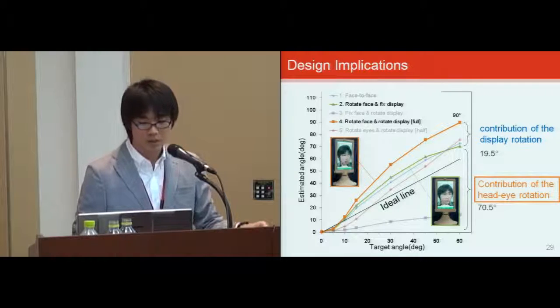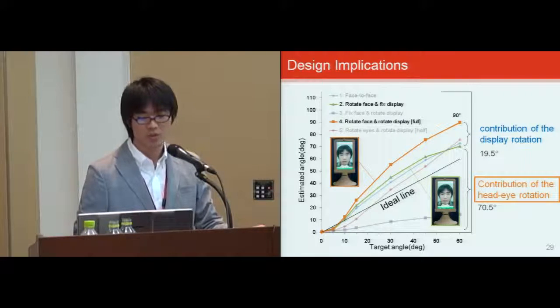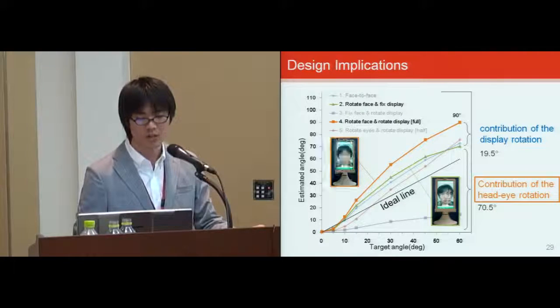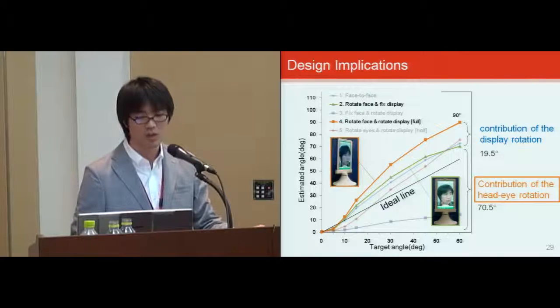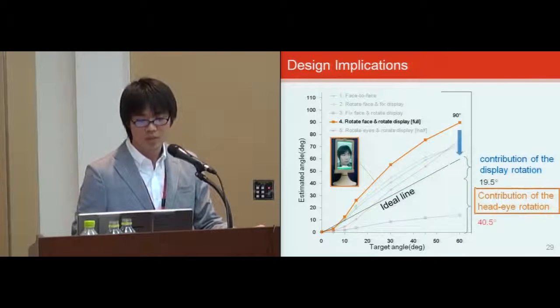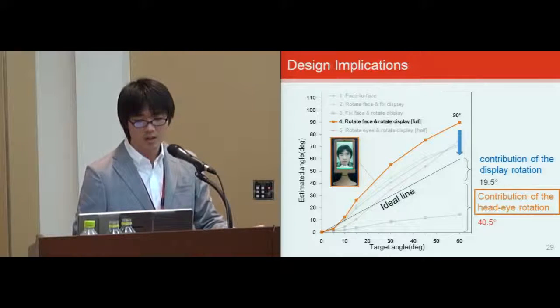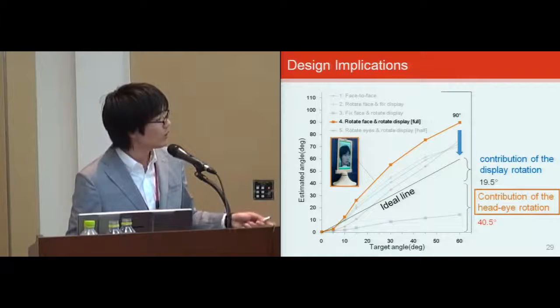In this example, let's assume that we keep the contribution of the display rotation by maintaining the display rotation angle the same as the original condition 4. Then, if we can reduce the contribution of the head-eye rotation by reducing the amount of head-eye rotation in the display, it may be possible to bring this line closer to this ideal line.